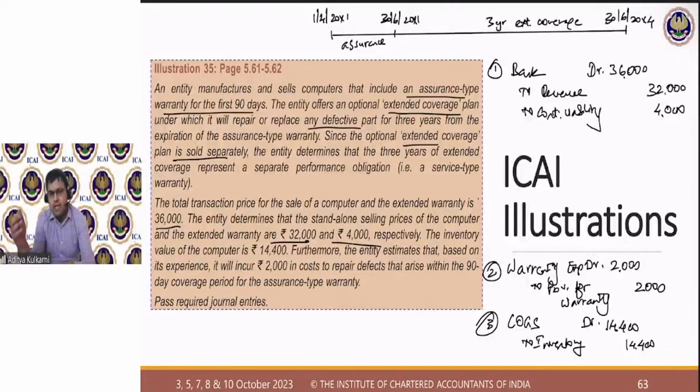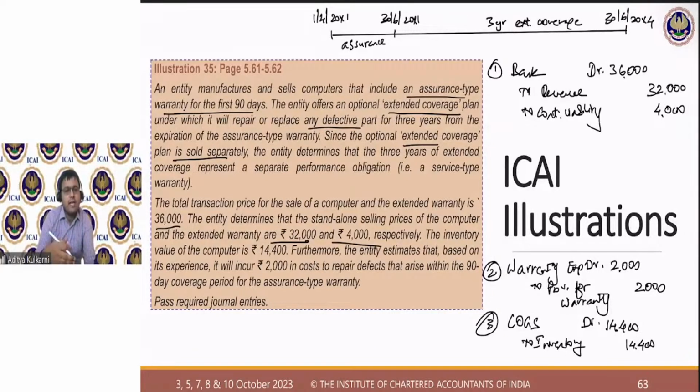So if you put the dates in the actual years 2021, 22, 23, 24, then the possibility is that at the time of framing the question, you would be having Ind AS 116 in mind. But probably the dates could go in such a manner that Ind AS 116 was never implemented at that point of time, and the student will end up getting confused in the examination.